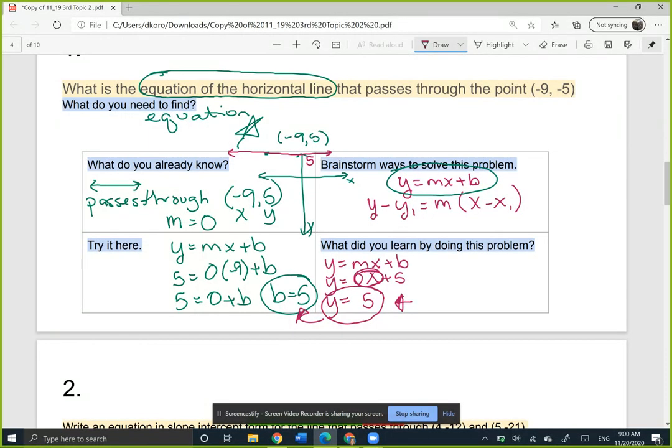But you can't just write the answer and say, oh, miss, I already knew, because I'm not going to accept that. I need to know your thinking. Another thing I want you to realize is that this is your y-intercept. So I could have just looked at the graph and known that the equation of my line was y is equal to 5.